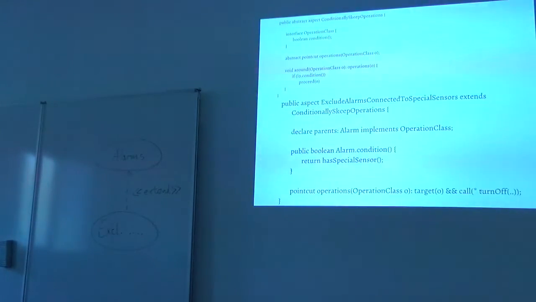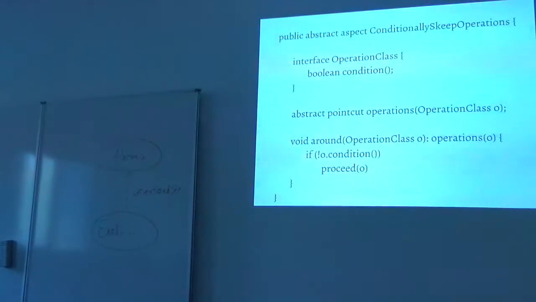So AspectJ enables us to compose this more or less. This situation is not that complex, but it could use several interfaces and so on, and define things in terms of that. So internally you define a type that you are using.